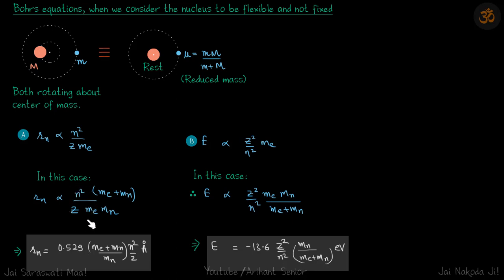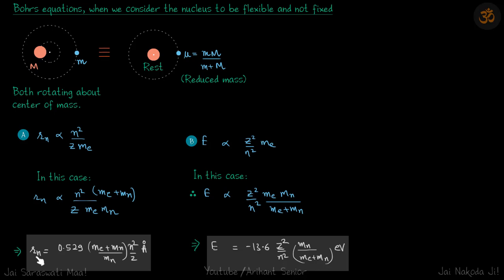So we'll take this n square by z me together and this part we will take out me plus mn upon mn. Except for the part of me plus mn upon mn, the rest is still the same as our original equation.